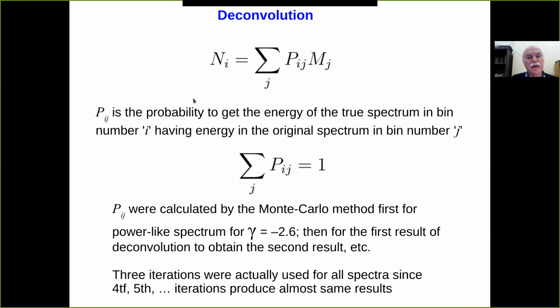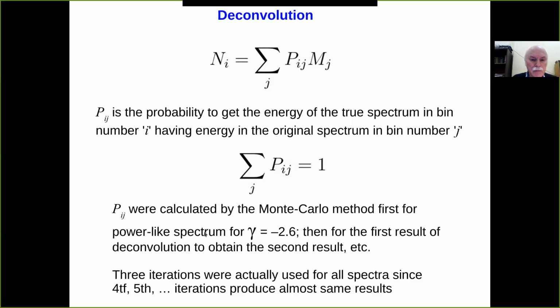P is the probability matrix, and P_ig is the probability to get the energy of the true spectrum in bin number i when it has an energy of the original spectrum in bin number g. All these probabilities sum to unity in each line of this matrix. This matrix was calculated by the Monte Carlo method.